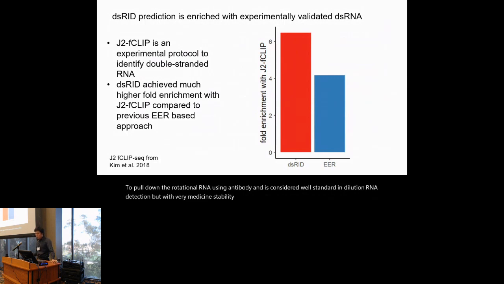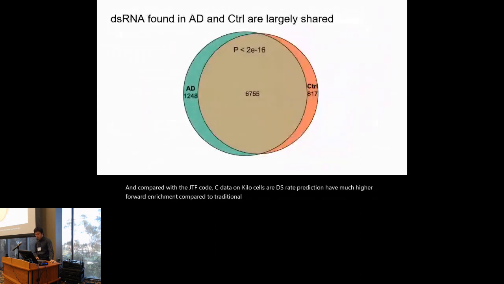Compared with the J2 CLIP-seq data on HeLa cells, our dsRID predictions have much higher fold enrichment compared to the traditional ER-based approach.